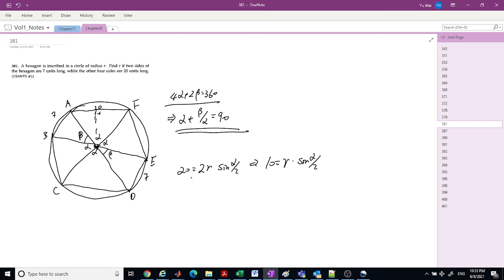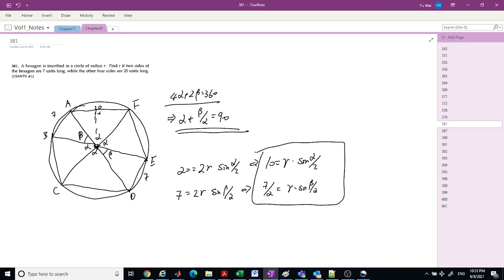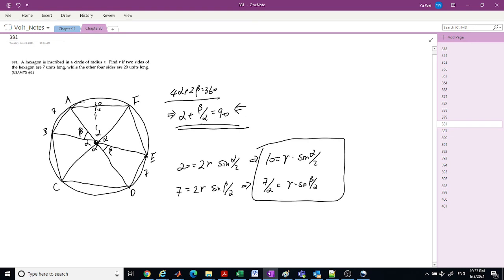And the other one, we know the 7 is equal to 2r sine beta over 2. So we know 7 over 2 is r times sine of the beta over 2. Okay. And we also know this, right? We also know the alpha is 90 minus half beta, right?